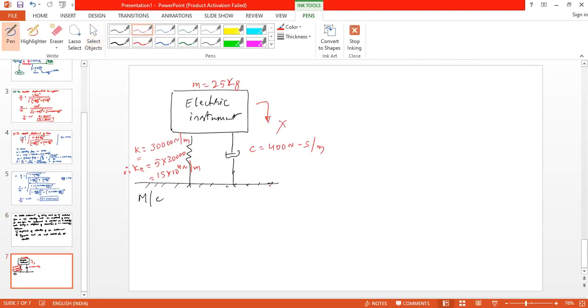That is, the displacement of the machine member, Y, is equal to 0.1 mm and N is 1000 RPM.